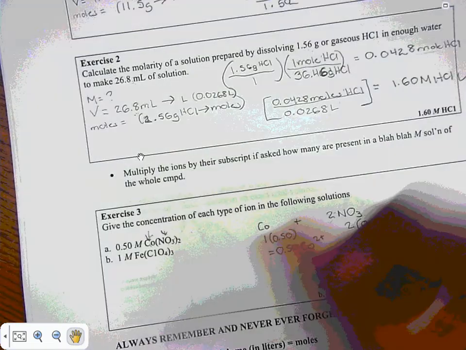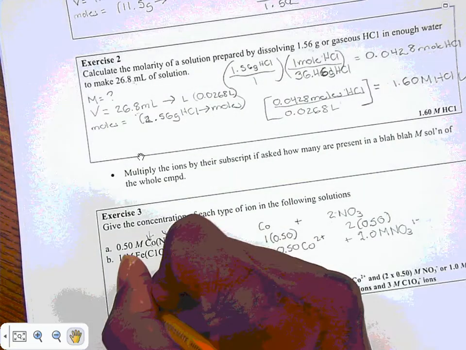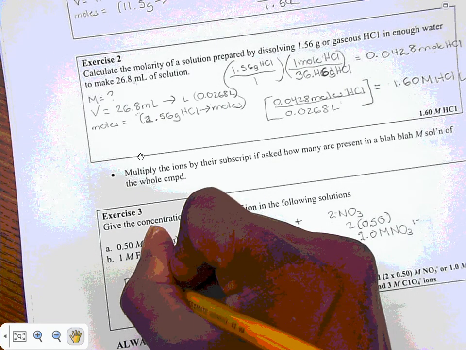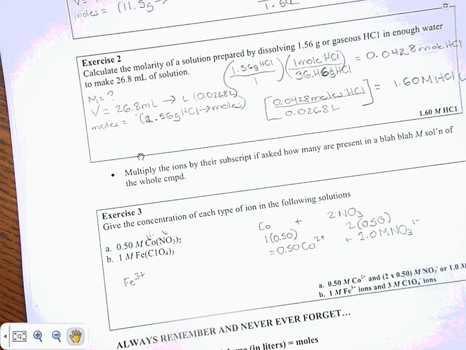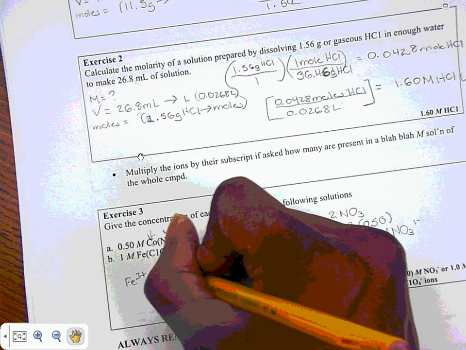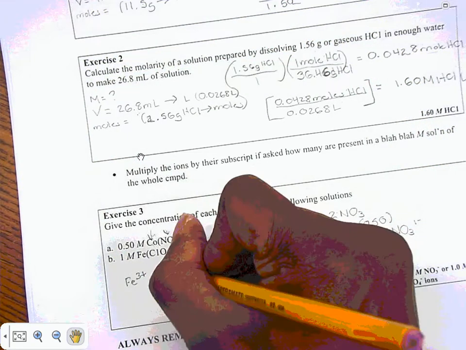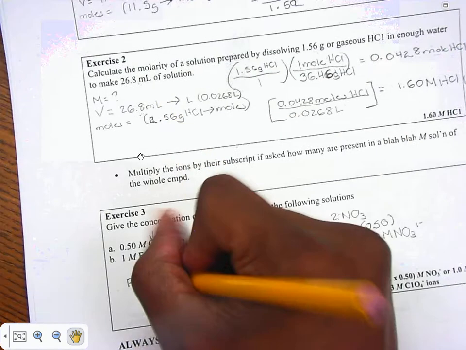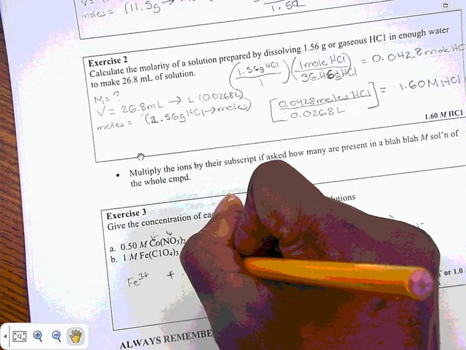So let's look at letter choice B. In letter choice B, it's broken down into 2 ions. There's iron 3 plus, or iron 3, if you will. And then you have this one. Let me make some room here, sorry. Let's see, plus ClO4.